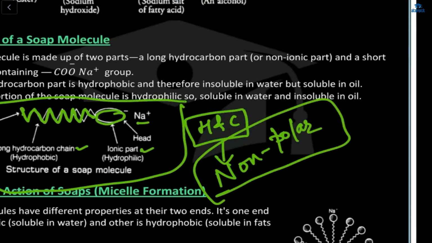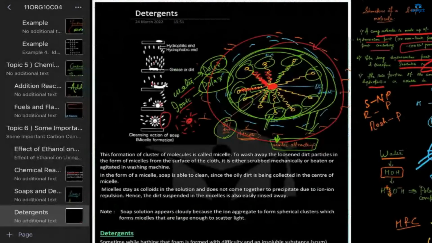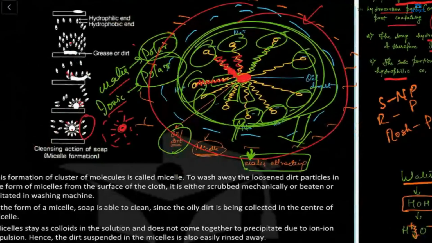So these are non-polar ends, and here the oxygen is already having a minus charge. So if oxygen is having any charge, it's kind of a polar end. Okay, but these are friends, they won't go against each other, so they don't have any charges. Let's say this is your dirt, and this is your zigzag part and this is your O minus part.